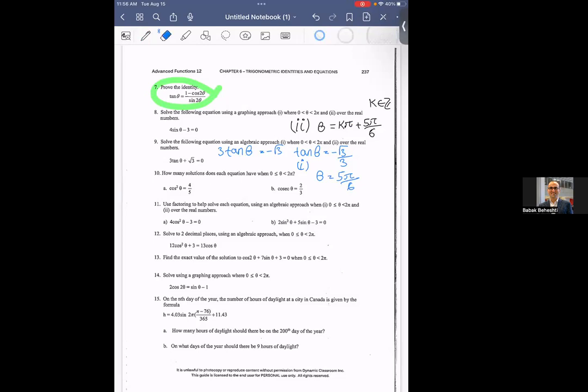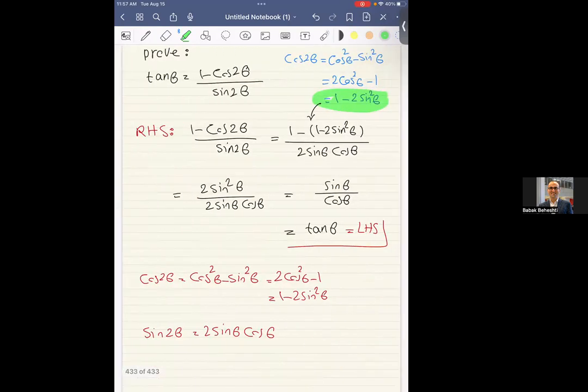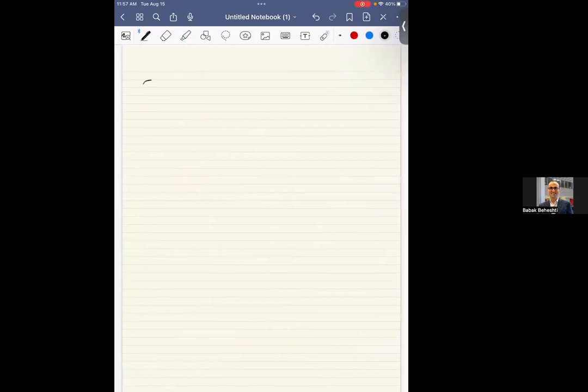Now let's do the same thing for 10a. It says cos square theta is 4 over 5. So that means cosine theta is equal to plus or minus the square root of 4 over 5, right?